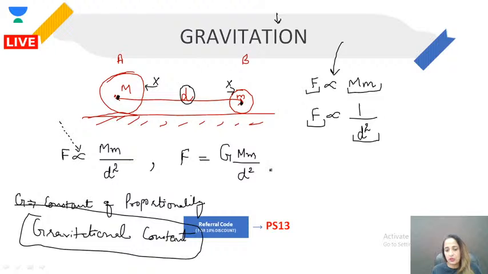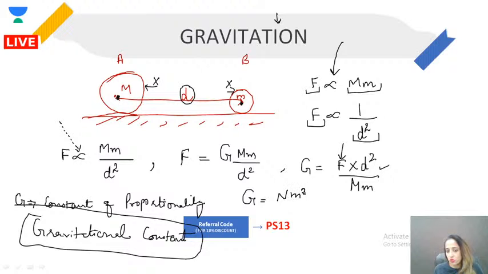Okay, how do we calculate it then? We want this gravitational constant, which is G equal to F into d square divided by mass and mass. If you want to calculate the units of this, what would be the units? We know that force is in newtons, distance is in meters, so it's meter square, mass is in kilograms, so there are two masses, it is kilogram square.